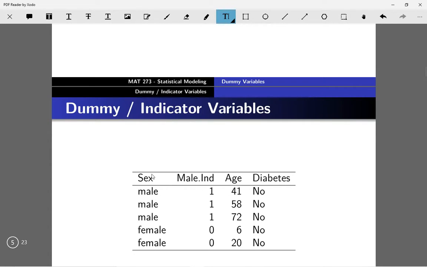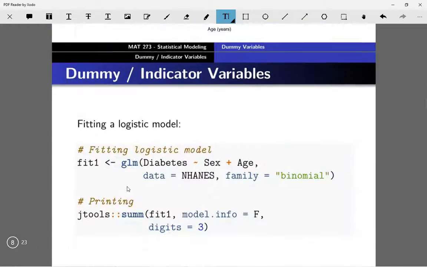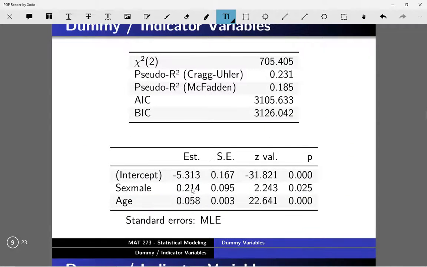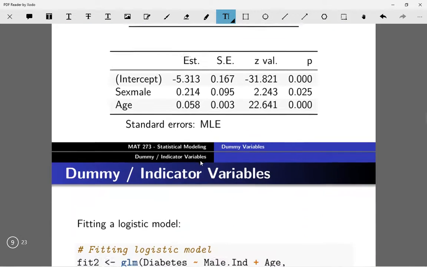And I'm showing how including this continuous predictor, compared to including this categorical predictor, actually gives you equivalent results, the same results. So remember, here the coefficient estimate for this categorical predictor is 0.241, and age is 0.058.